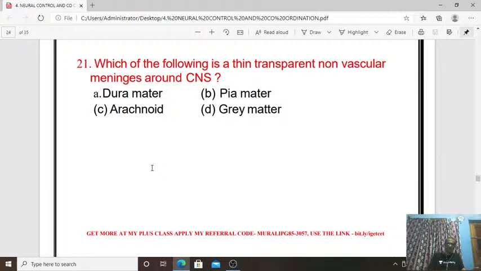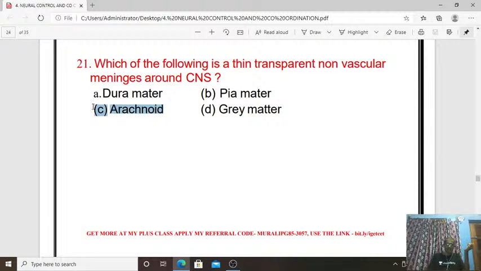Meninges is the layer, having arachnoid, pia mater, dura mater. These are the three layers. So arachnoid is the thin transparent non-vascular part of the meninges. So answer is C for the 21st question.